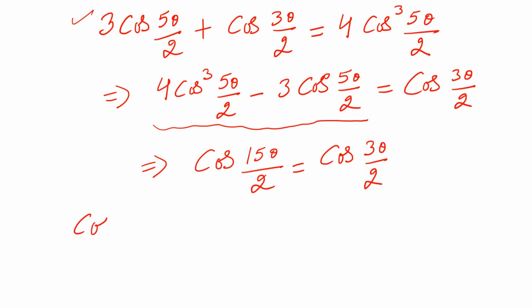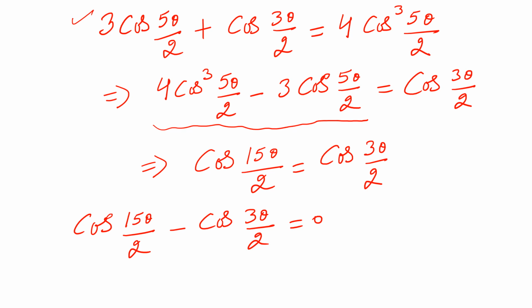Now it becomes cos of 15 theta by 2 minus cos of 3 theta by 2 equal to 0. Now it has taken the shape of an identity, cos c minus cos d equal to 2 sine c plus d by 2 into sine of d minus c by 2.